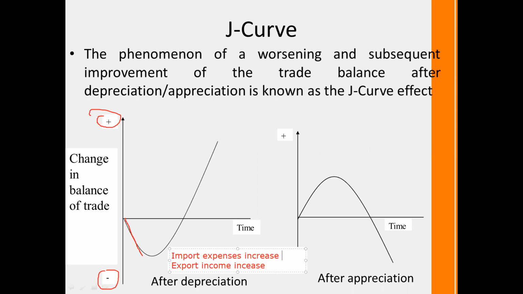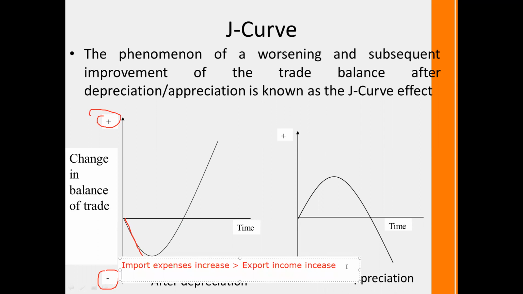The import increase is greater than the export income increase, right? That is what we are seeing here. Import expenses increase is greater than export income increase. As a result of that, we are having a trade deficit in the short term, right? Short term.